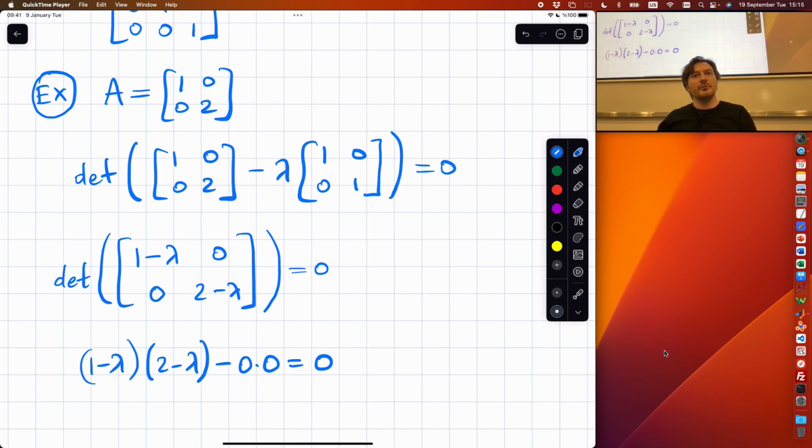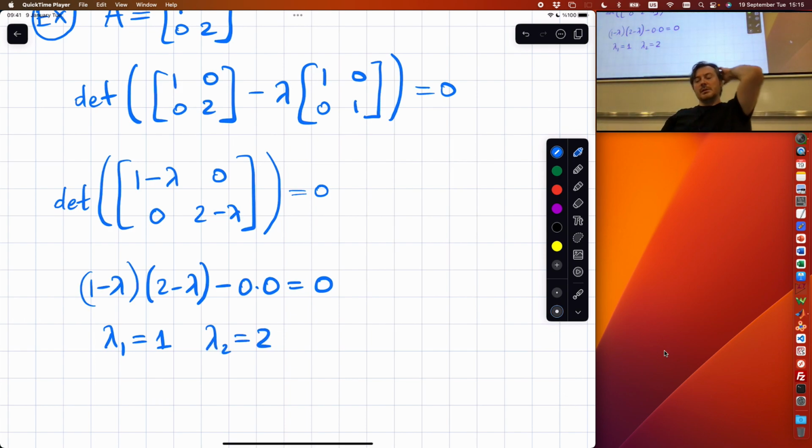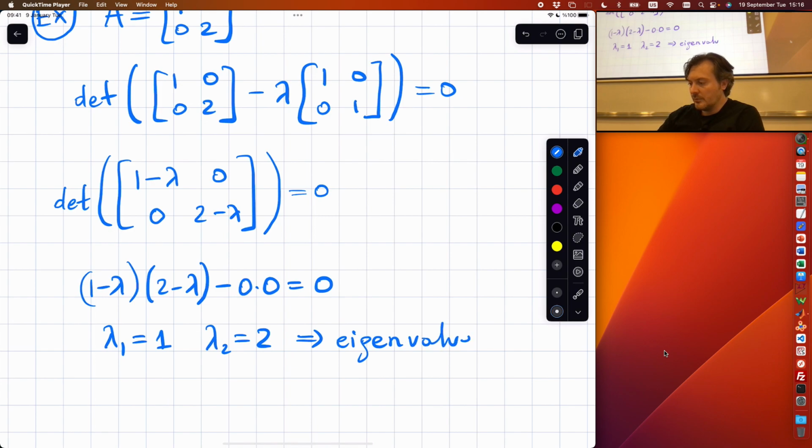What are the roots of this equation? Lambda 1 equals 1 and lambda 2 equals 2. Okay? Now, what have we accomplished? We found the eigenvalues of this matrix.